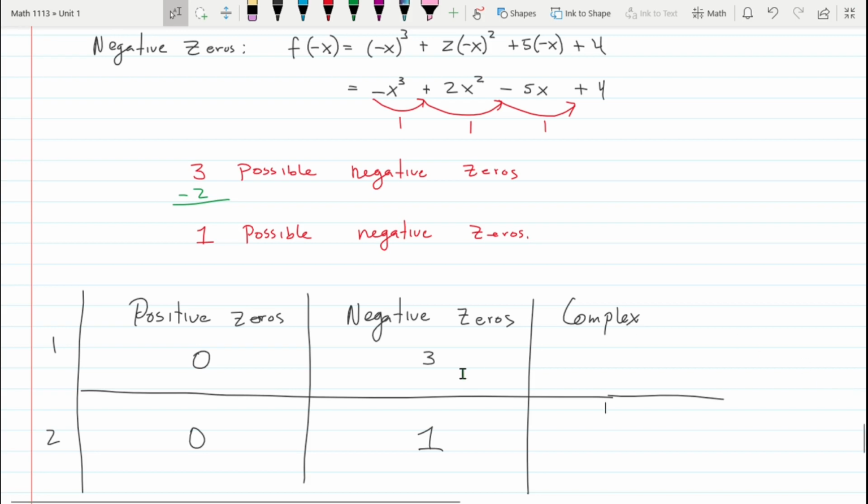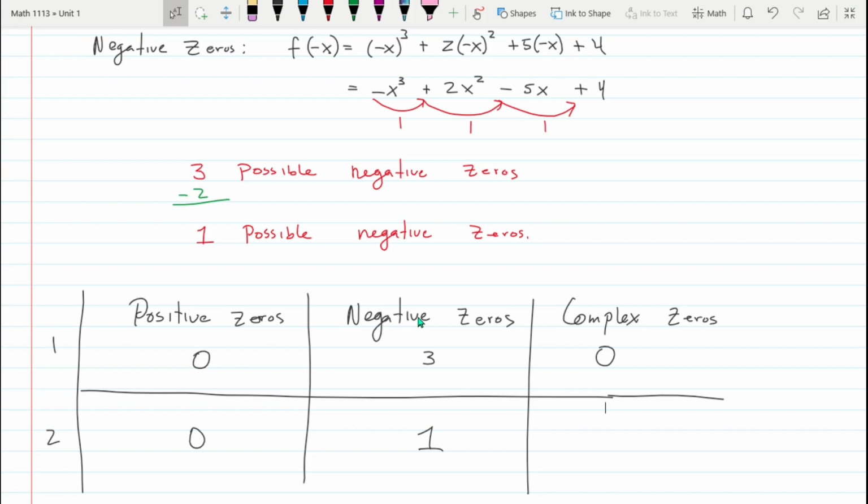So what happens here in the case where there are 3 negative zeros and 0 positive zeros, right? That takes care of the 3 zeros that we were expecting. So it must be the case that there are 0 complex zeros.